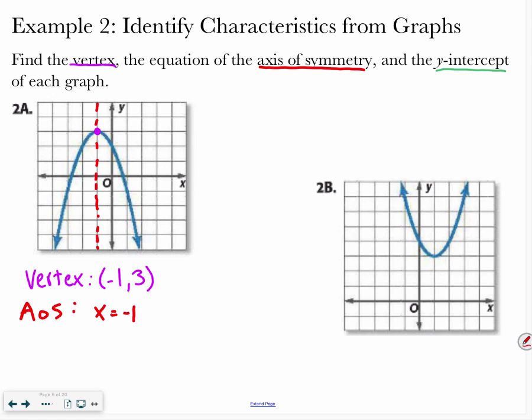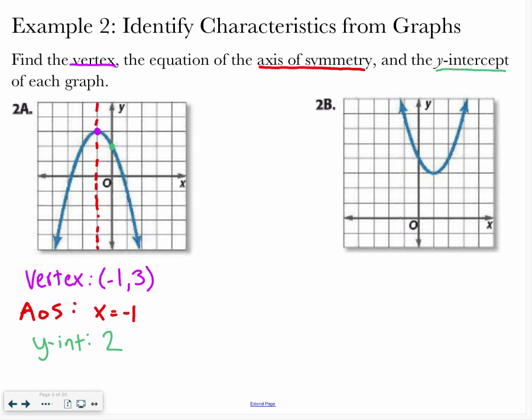The way to find that, we'll talk about later. And the y-intercept, we want to know where does it cross the y-axis. Crosses the y-axis at 2. So that's the information I am looking for when I give you a picture.